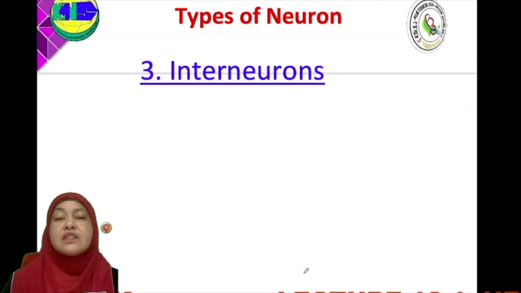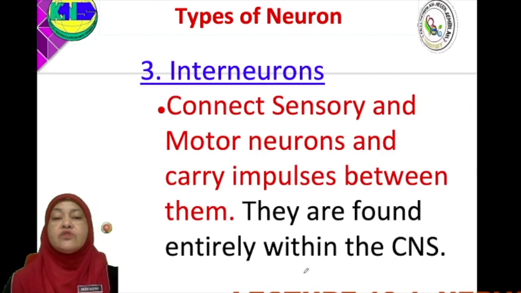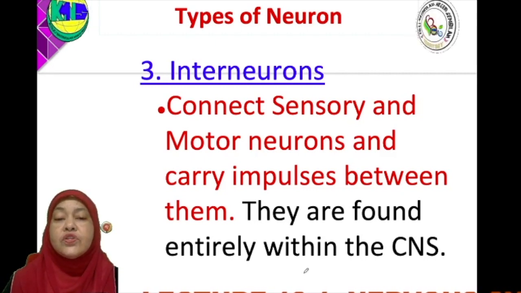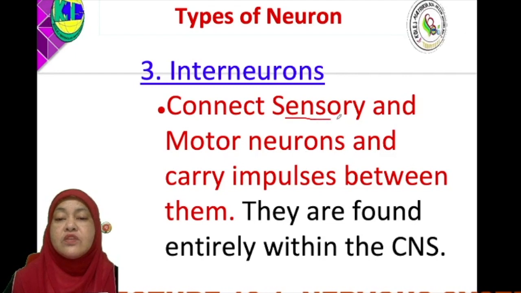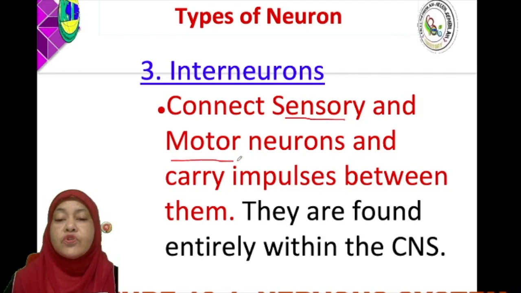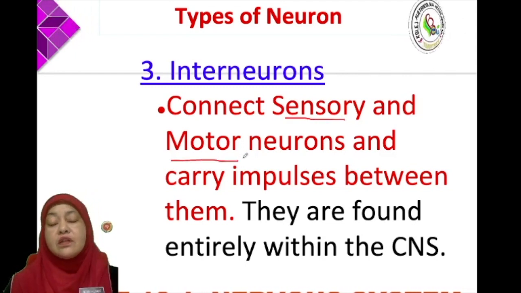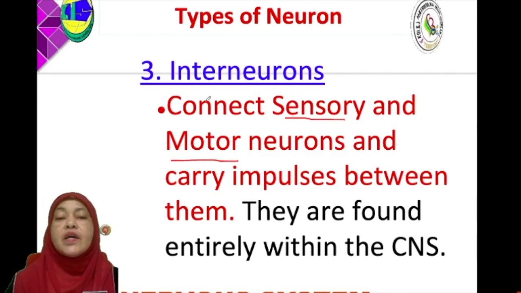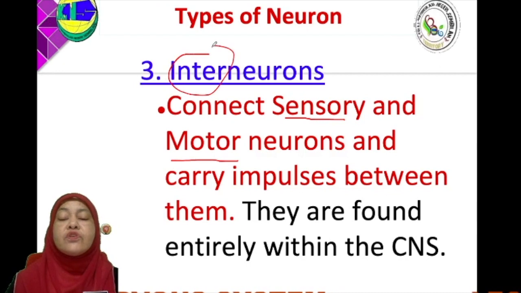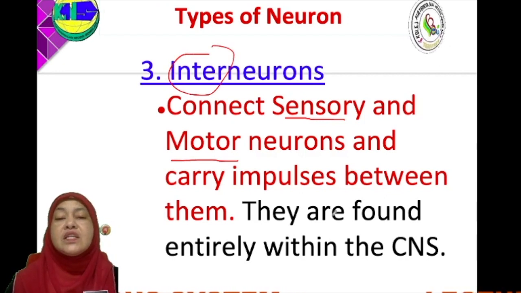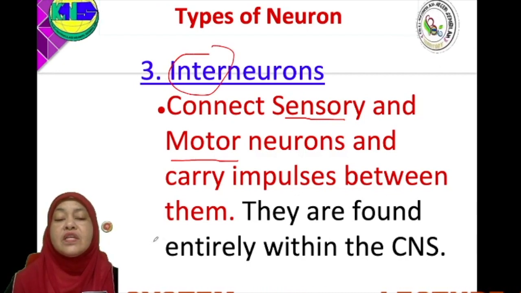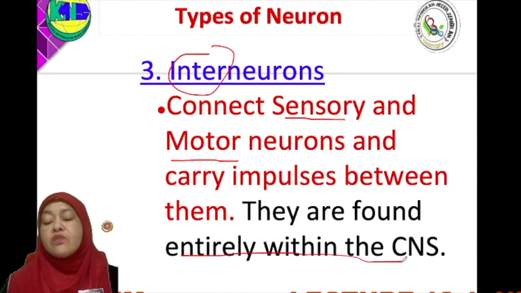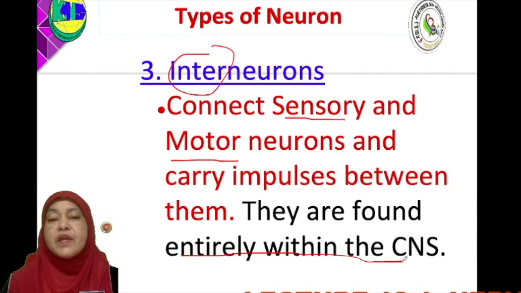Next, the last type of neuron is the interneuron. Interneurons are nerve cells which connect the sensory neuron and the motor neuron, and they carry impulses between these two neurons. That's why we call it an interneuron. Basically, interneurons are found entirely within the CNS, our central nervous system, which is the brain and spinal cord.